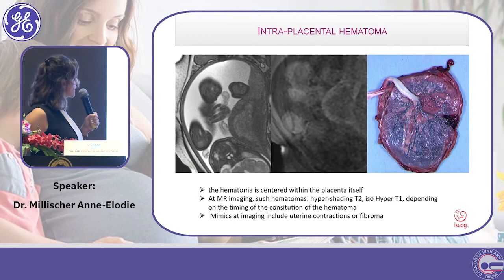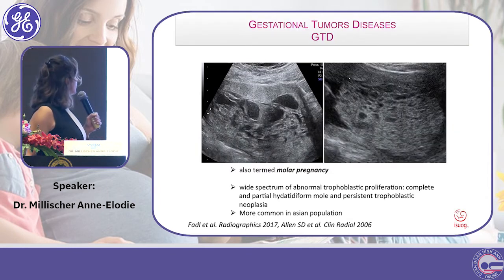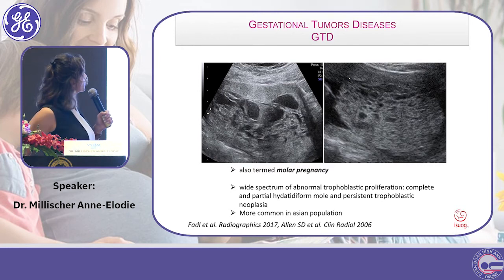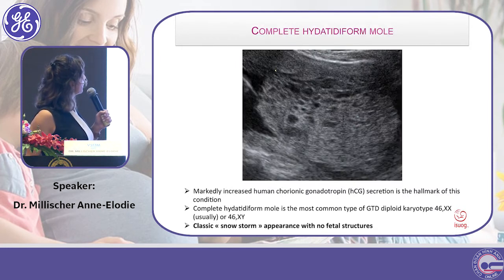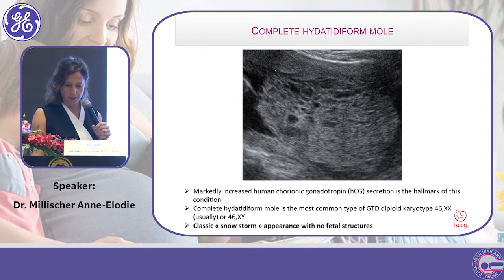There's not a lot of vascularization inside. Và nó không có cái mạch máu ở bên trong. It can be complete or partial. And here an example of complete hydatidiform mole. Nó có thể là một cái thai trứng toàn phần hoặc là một thai trứng bán phần, và đây là một cái hình ảnh của một cái thai trứng toàn phần.